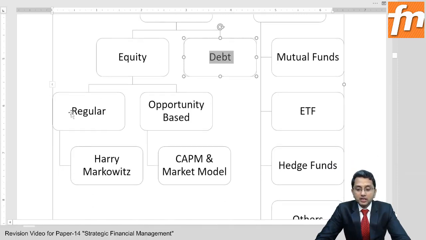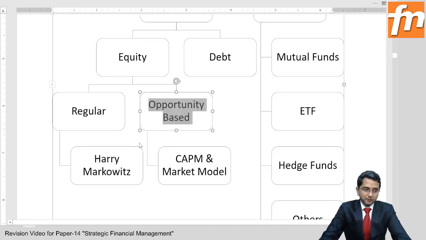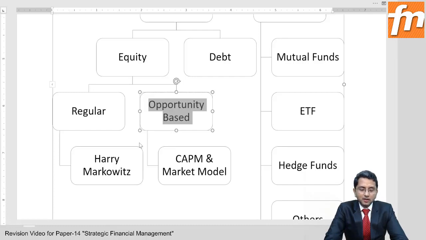In equity, you can make the regular investment, which is the Harry Markowitz model, which we have already gone through. Now, how to make opportunity based investment? It means besides regular investment, if you find that any security is undervalued, available in the market at a very cheap price, then go and buy it. When it is fairly priced, you can sell it and make extra money.